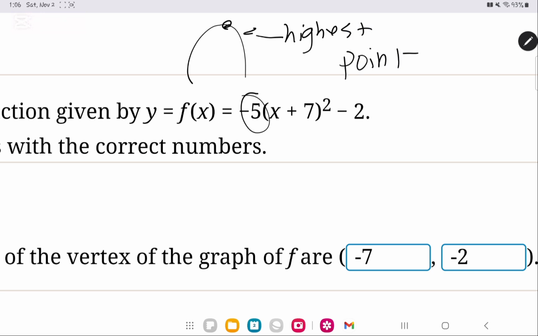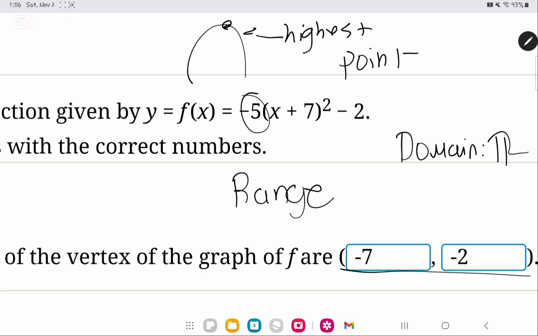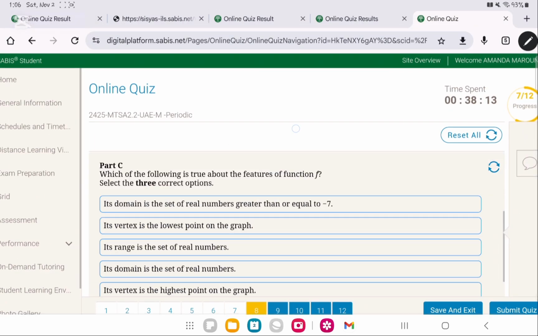We found the vertex, which is minus 7, minus 2. Now the domain is all real numbers, and the range, however, since it is negative, is that y is less than or equal to k, which is minus 2. So we discussed it. Let's go down and see the options.